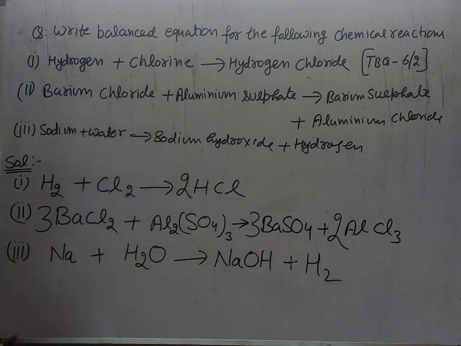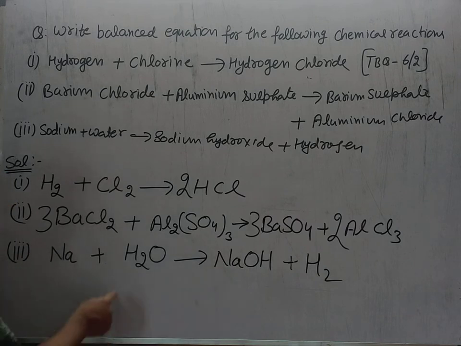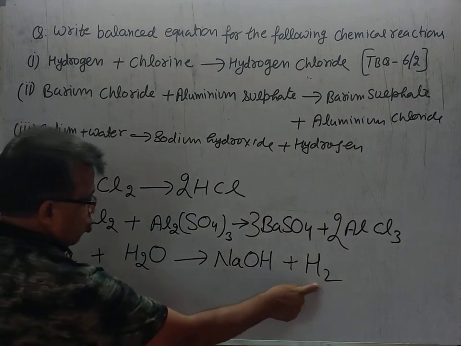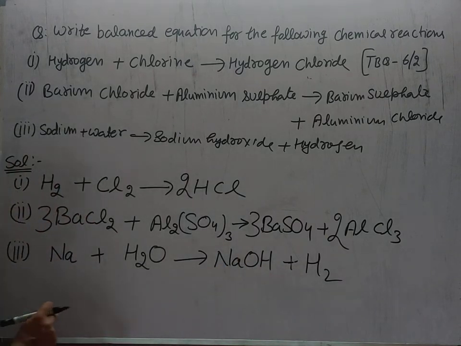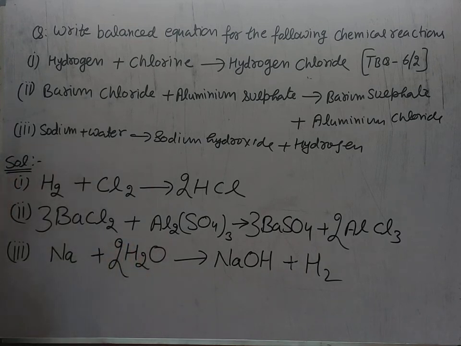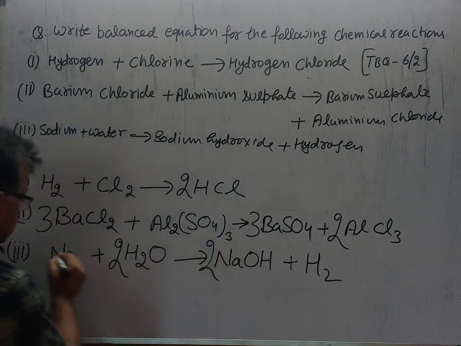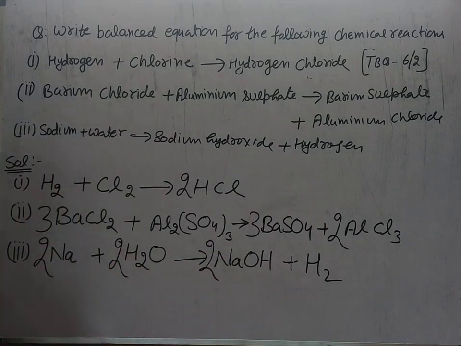Now for balancing, Na is 1 on both sides. Hydrogen here 2, here 2 and 1, 3. So what shall we write? We can do it in this way. If we do this, it is balanced, you can check yourself.